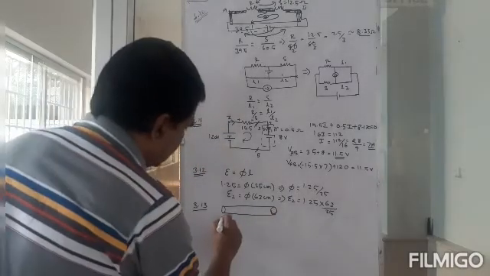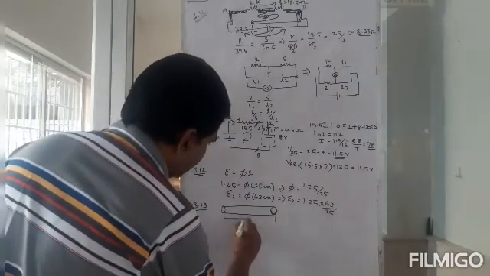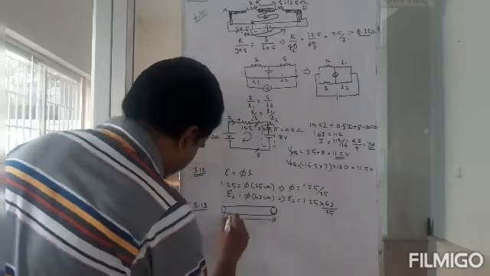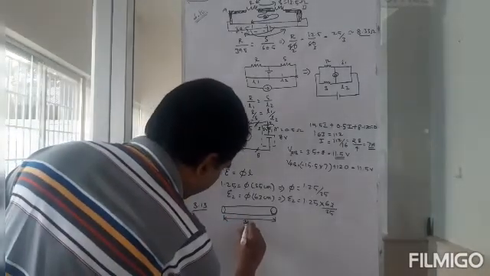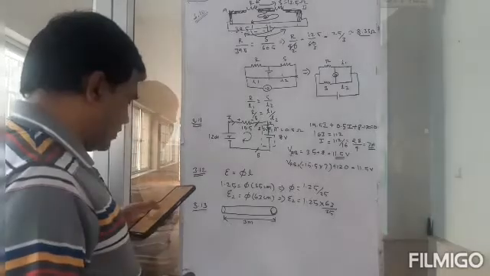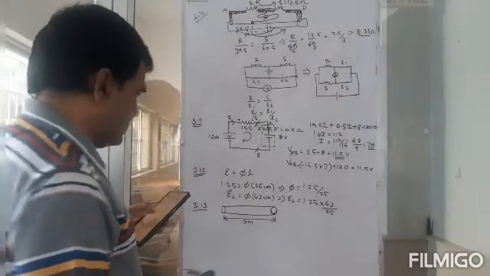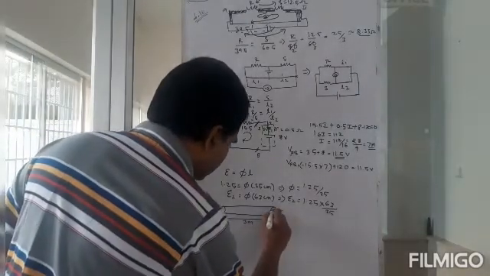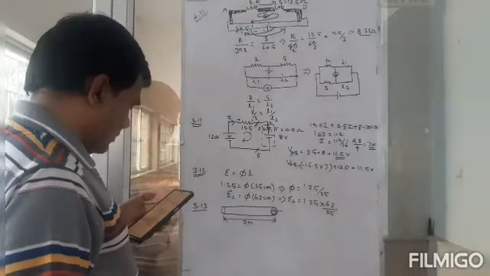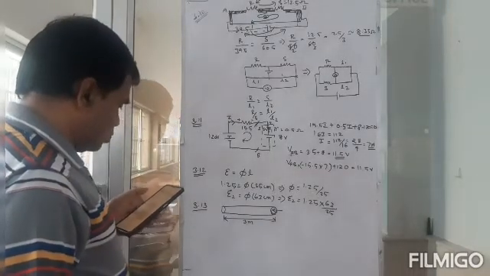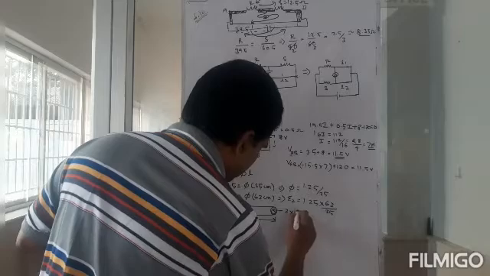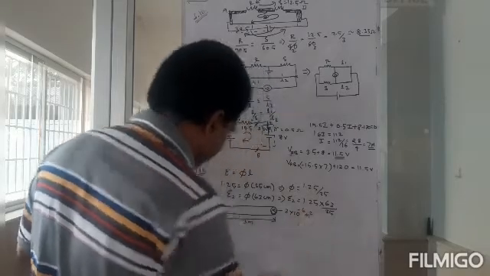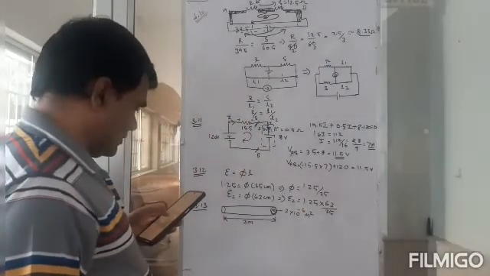The length of the conductor is given to be 3 meters. And then the area of cross section is given to be 2 into 10 power minus 6 meters square. And what else is there?